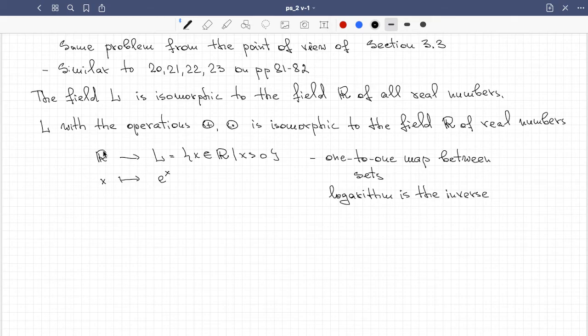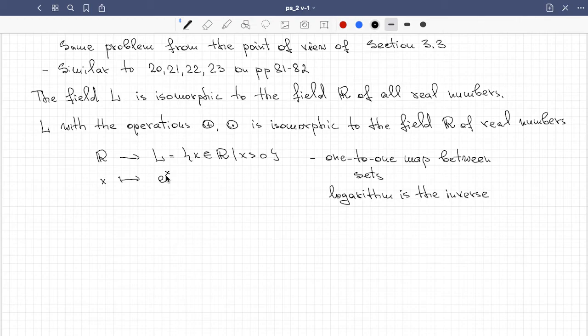So to every real number, we have a positive real number. To every positive real number, we get a real number. Of course, negative numbers map to something smaller than 1, positive numbers map to something bigger than 1, and 0, e to the 0 is 1.